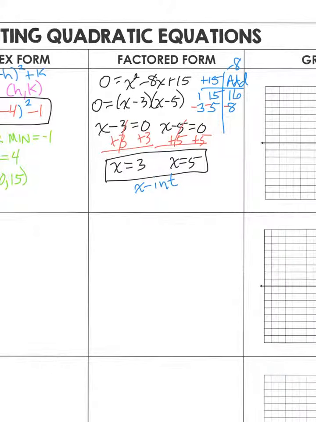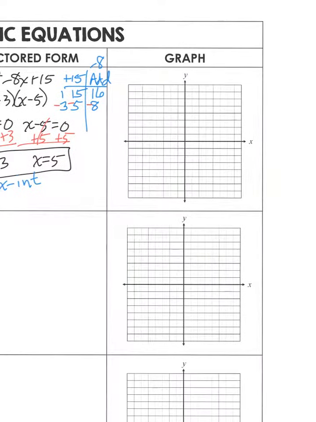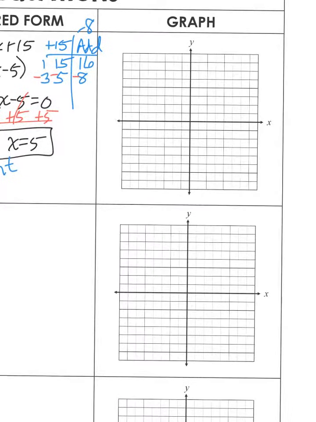So now we are ready to plot everything. So I'm going to graph everything over here. I'm going to make this just a smidge bit bigger. All right, so the first thing I like to plot is my vertex. Let me get some different colors. So my vertex is at (4, -1).